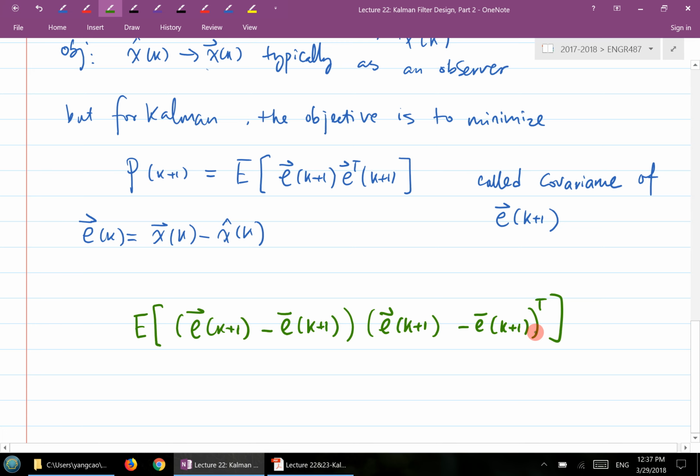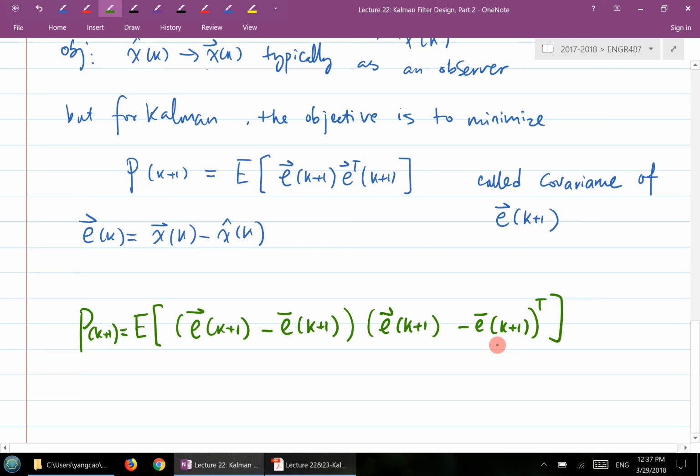So technically, P of k plus 1 is defined as this. This is the original definition of a covariance matrix.